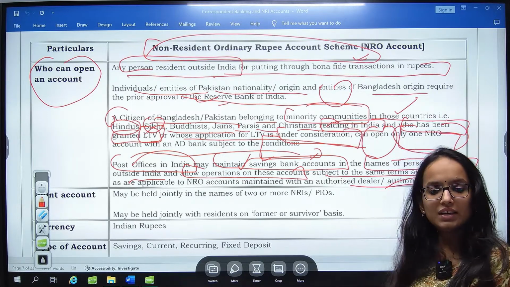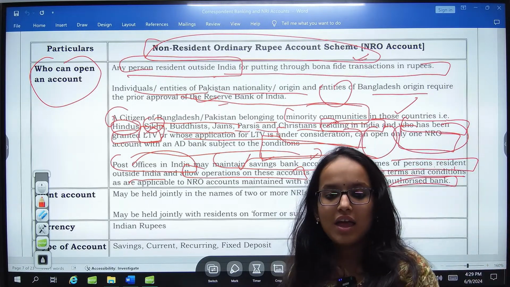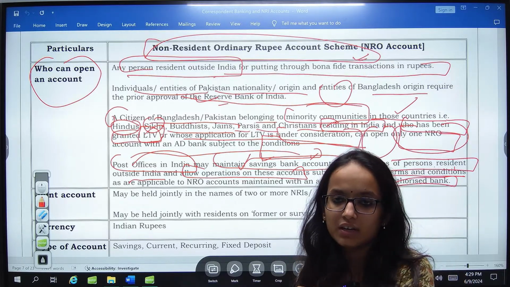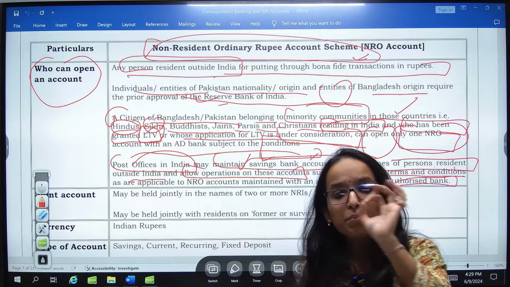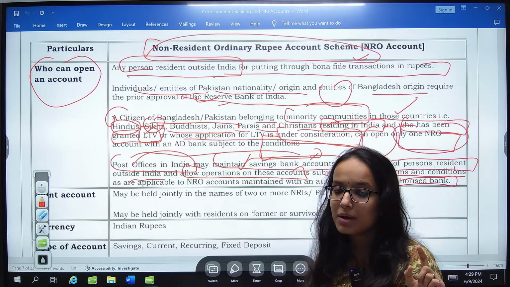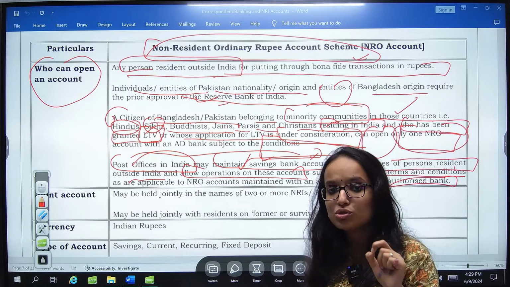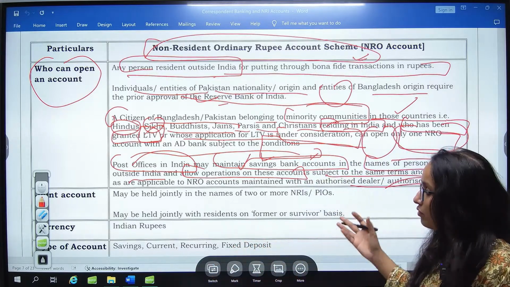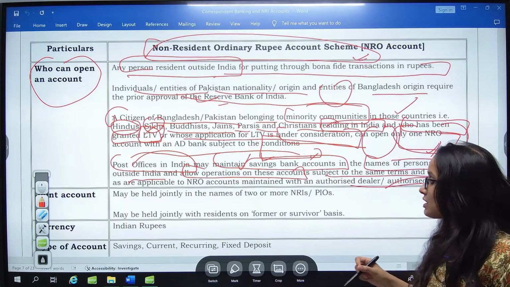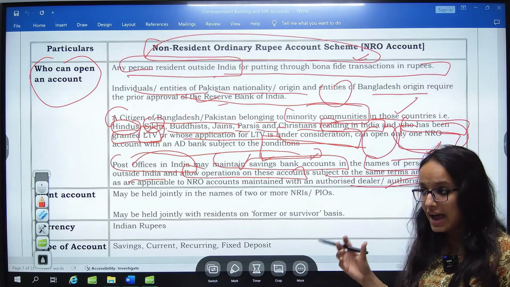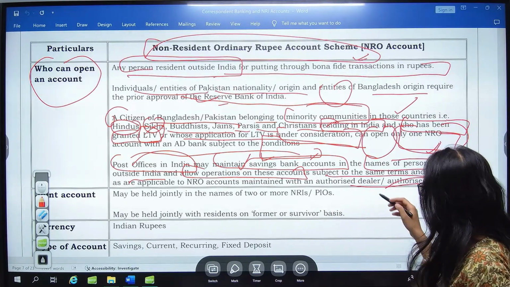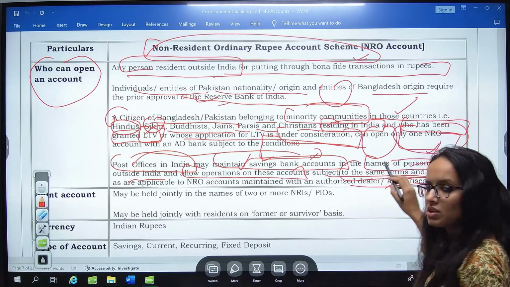So there is additional information here as compared to the NRE and FCNRB account. This was not the provision there, right? So for NRO account, post offices can also open this account as a savings account. Remember, post offices can also have this account in the name of the person residing outside India, as a savings bank account, subject to the same terms and conditions.